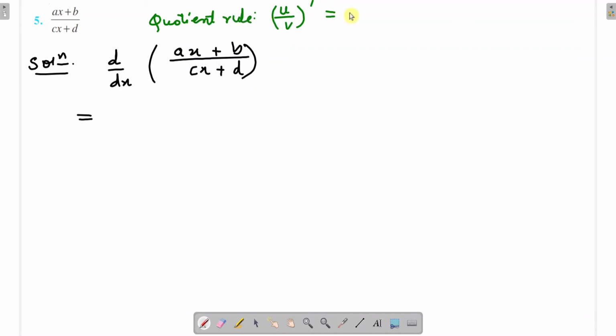So u by v, the whole prime, will be equal to v multiplied by the derivative of u, minus u multiplied by the derivative of v, divided by v square.